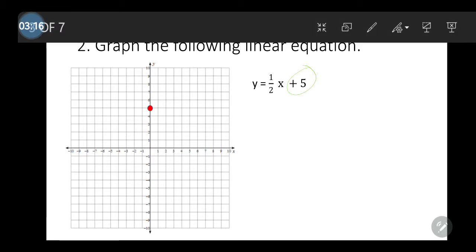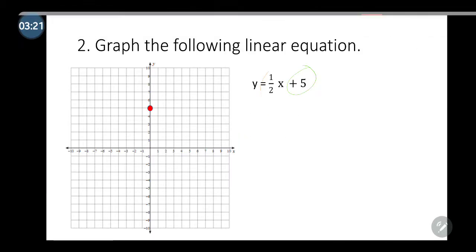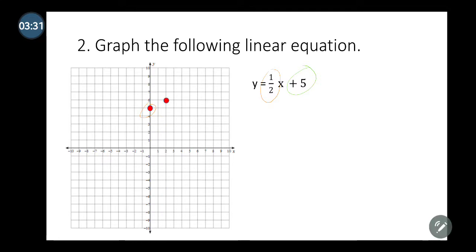Then what is my slope? Positive 1/2. So from this point, the y-intercept, I'm going to go up 1 and to the right 2, and there is the point according to my slope. Now I'm going to draw a line, and there is our graph.